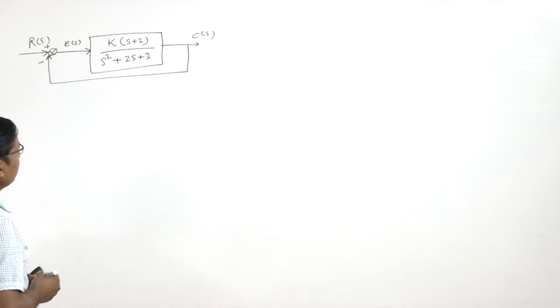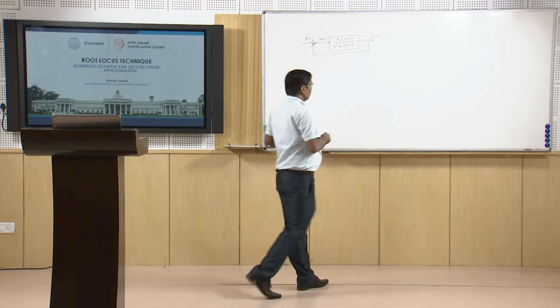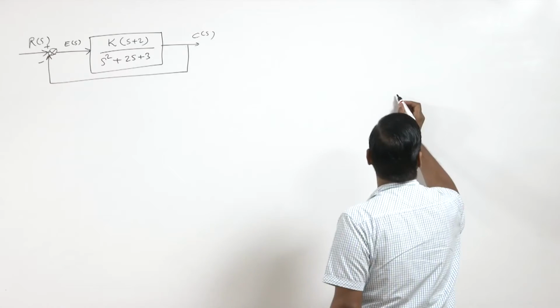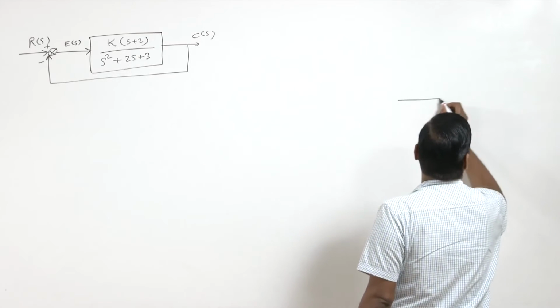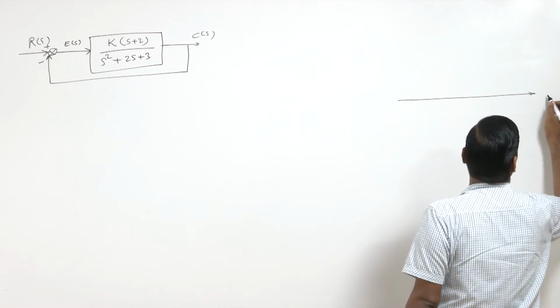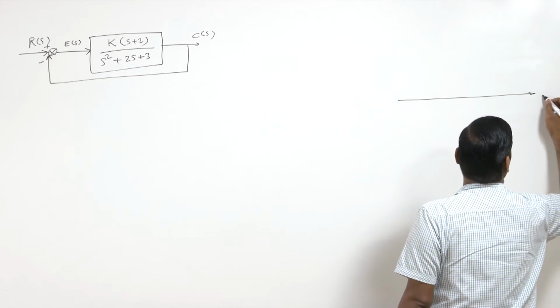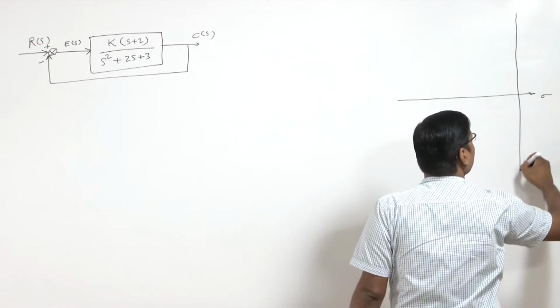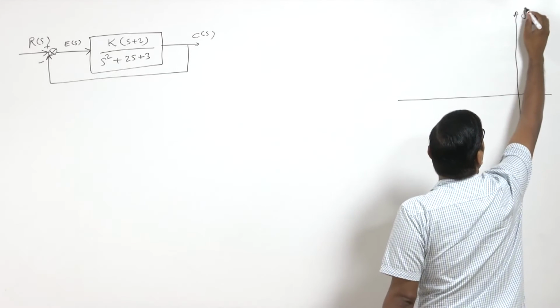So we have to plot the root locus for this system. Here we have to plot, so here sigma, this is the j omega axis.